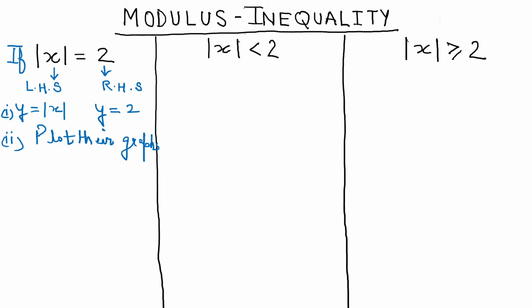And then find out the point of intersection. Find common solutions, which are nothing but the points of intersection. Find common solutions is the third thing that you're expected to do.